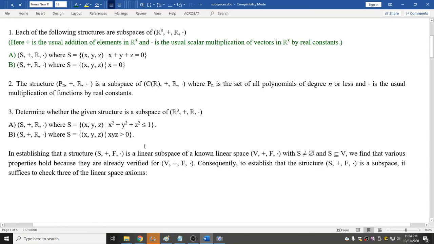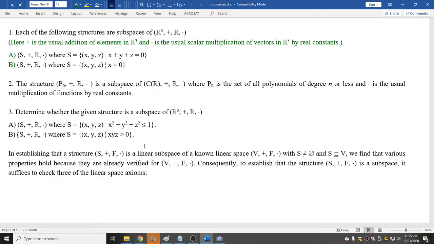If you think long enough about that description, you will realize that it is a solid sphere of radius 1 centered at the origin in three-dimensional space. So the question is asking whether that structure is a linear space or not.